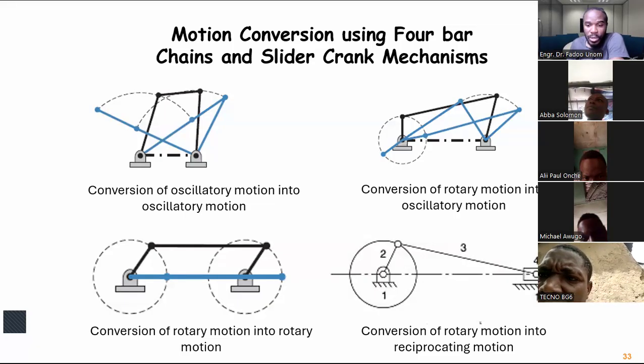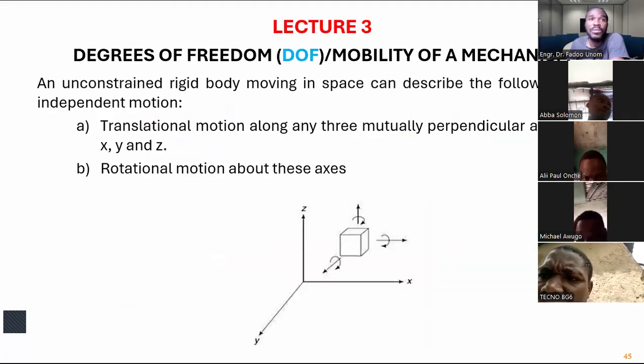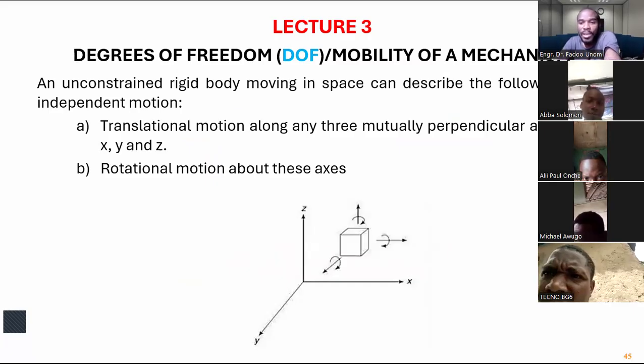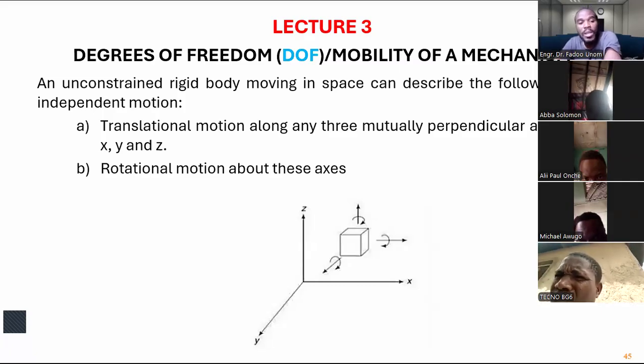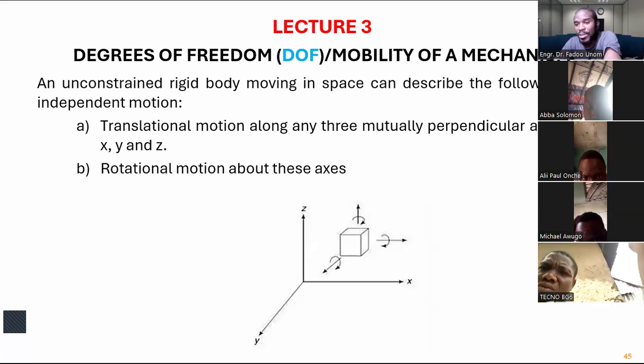So I will move on to something else very quickly. Let's look at a few criteria, a few laws that govern some of these mechanisms. Let's first define what a degree of freedom is and what the mobility of a mechanism is.